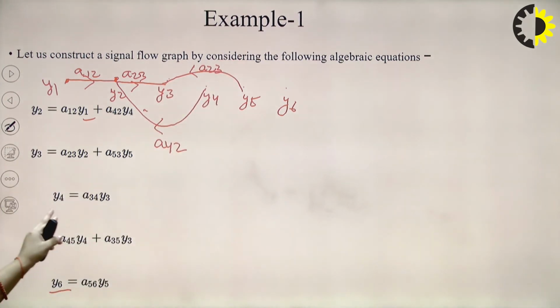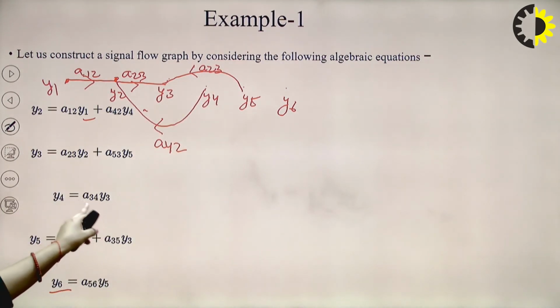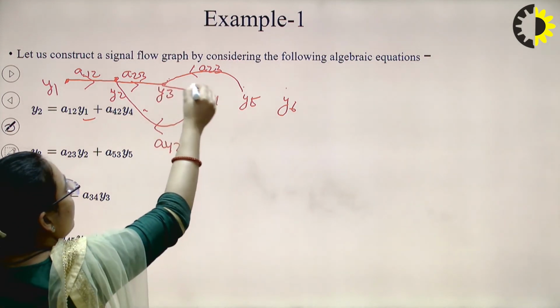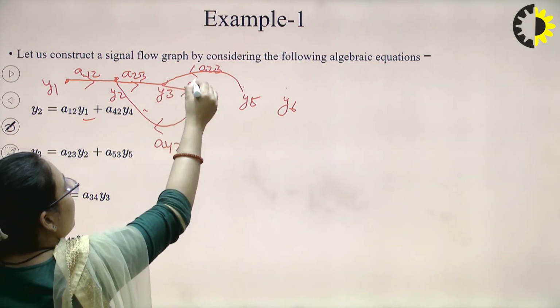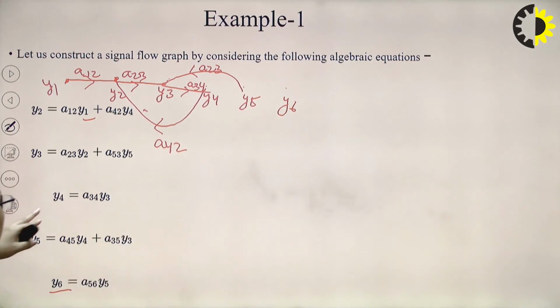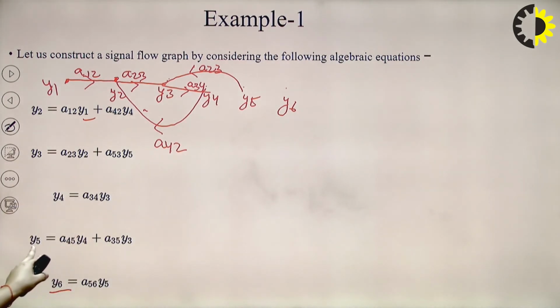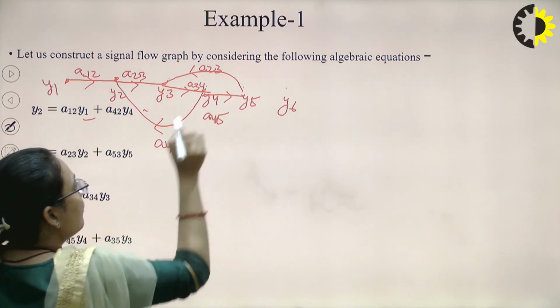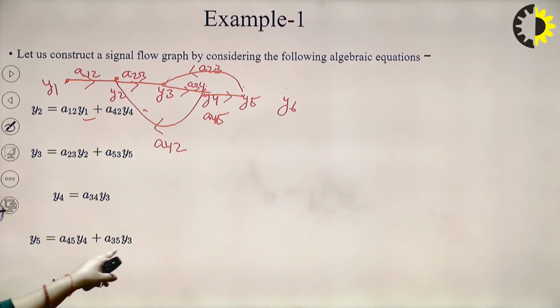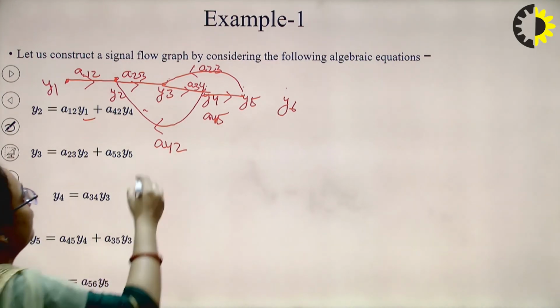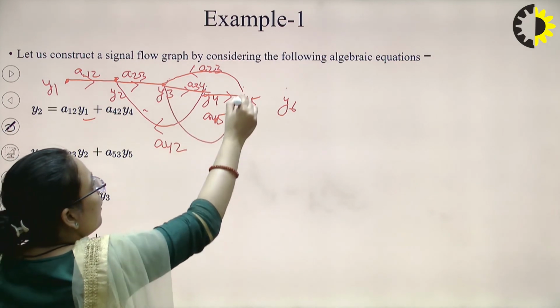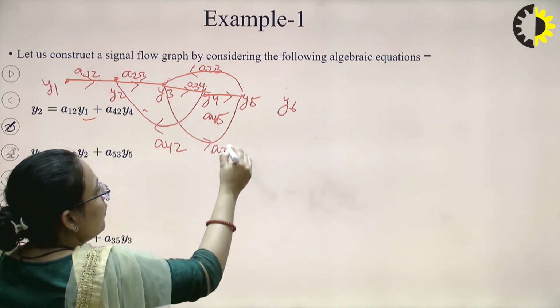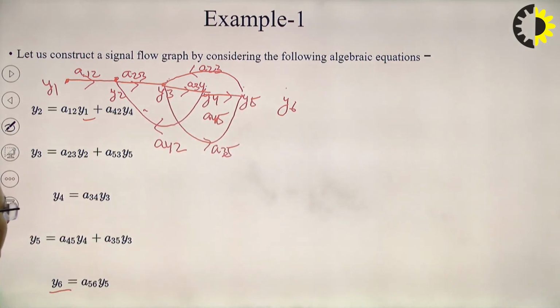Now y4 is connected to y3 with the gain a34. And y5 is connected to y4 with the gain a45. Right, and y5 is also equal to a35 into y3. Now y6 is equal to a56 into y5.